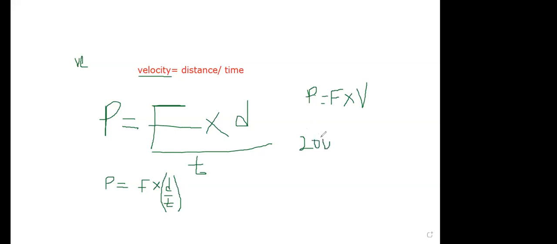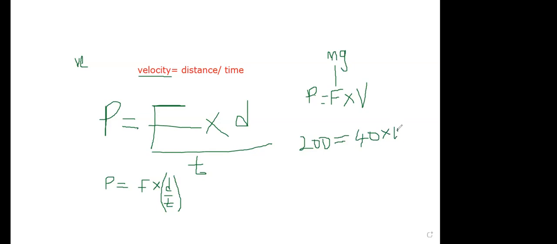Remember, they have given us power as 200 watts. They have given us mass as 40 kilograms. That means we can get force. Force, we told you, is mass times acceleration due to gravity, which is 10. So our F is going to be equal to the 40, which is the mass, times the G, which is 10.